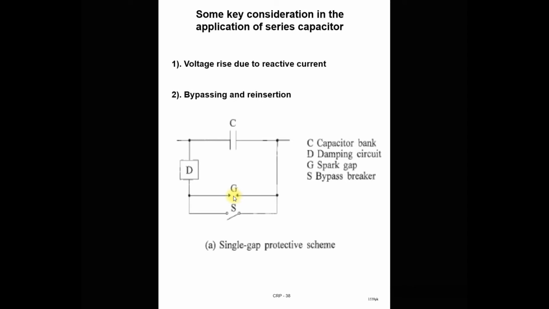the gap is still ionized, and the normal current is still flowing through the damping circuit as well as the spark gap. So after the fault is cleared, for some period of time your capacitor is bypassed by this gap. So the reinsertion process takes time, that is 200 to 400 milliseconds.